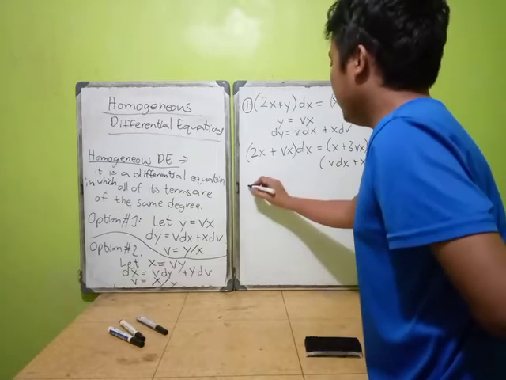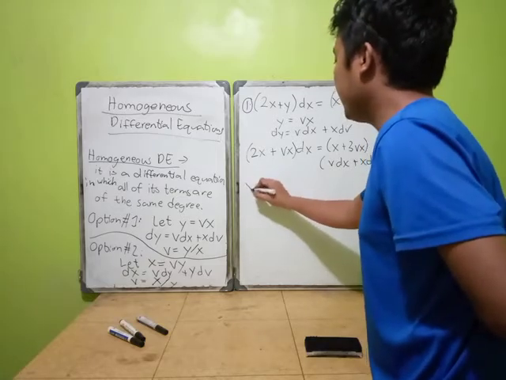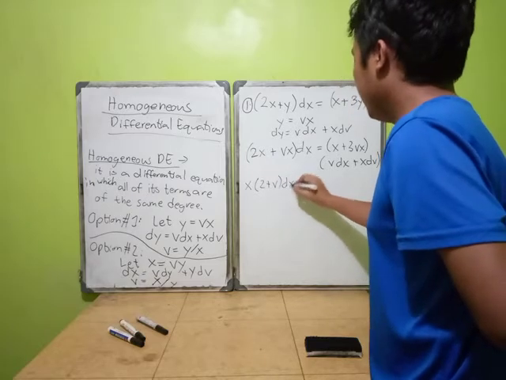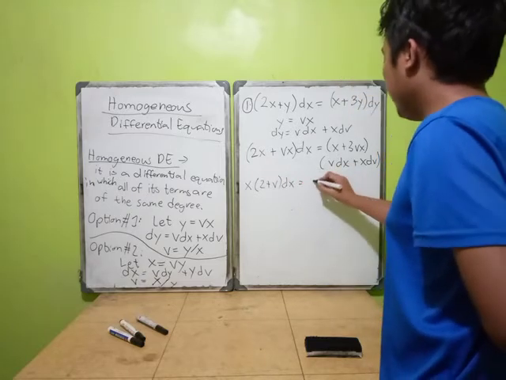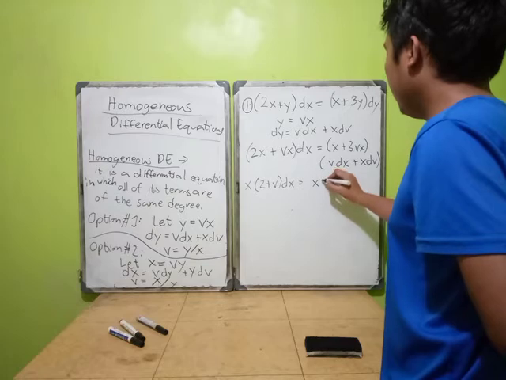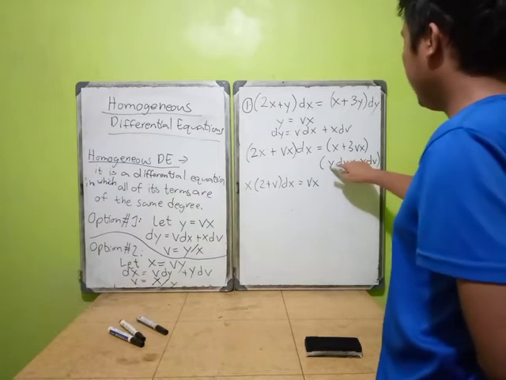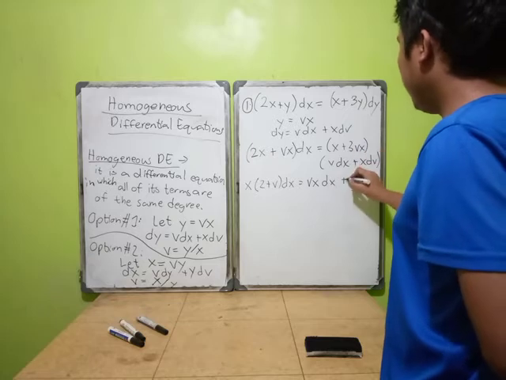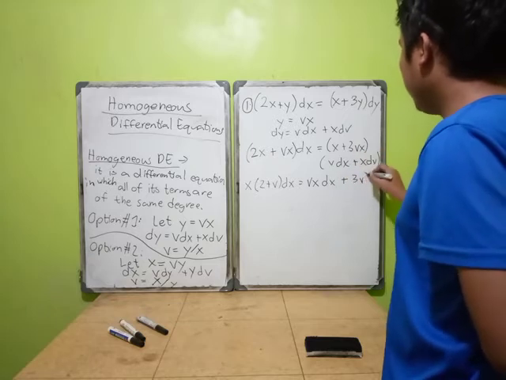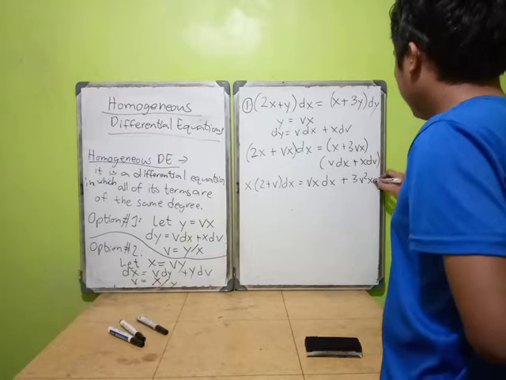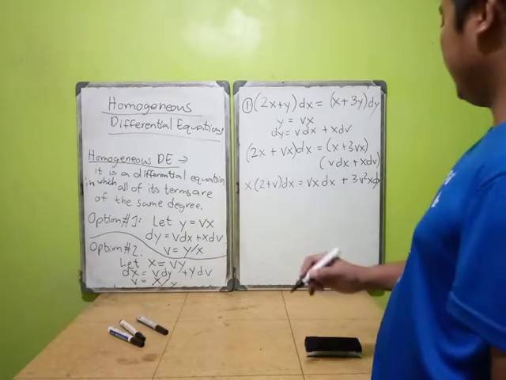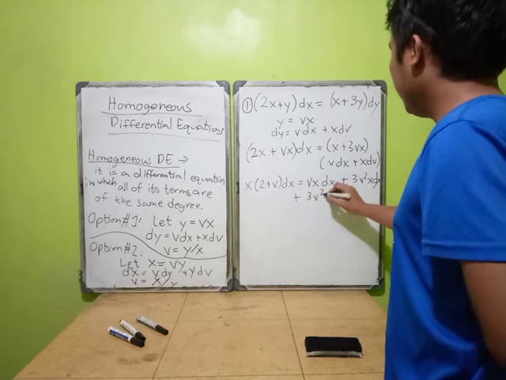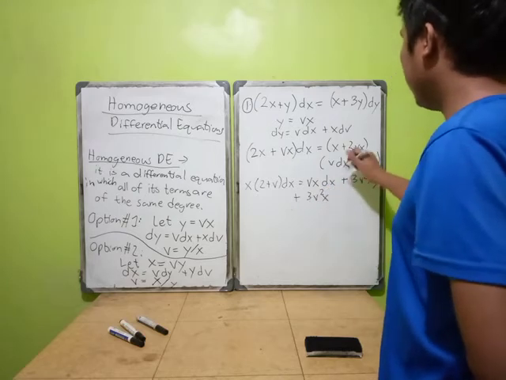So, therefore, ma-factor out natin si x dito. And then, multiply natin. So, magiging vx dx plus 3v squared x dx, okay, plus 3v squared x.